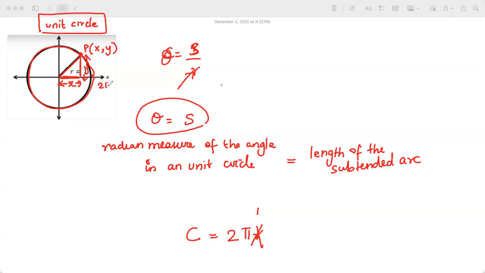So the circumference makes up 2 pi. Now, half of the circumference is pi, quarter of the circumference is pi by 4, and 3/4 of it would be what? Pi plus pi by 2, 3 pi by 2. Any questions? Okay, can I move on?